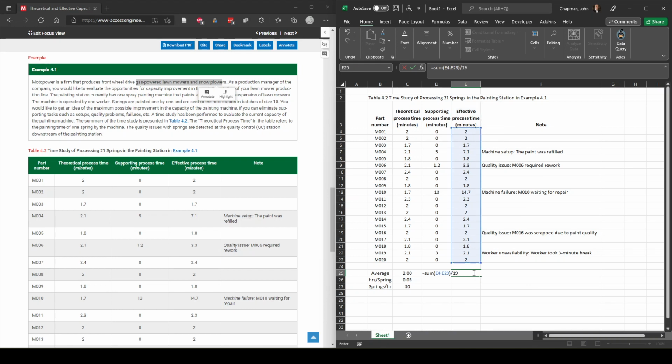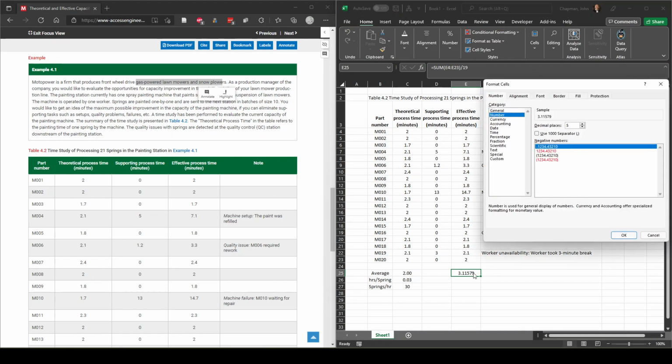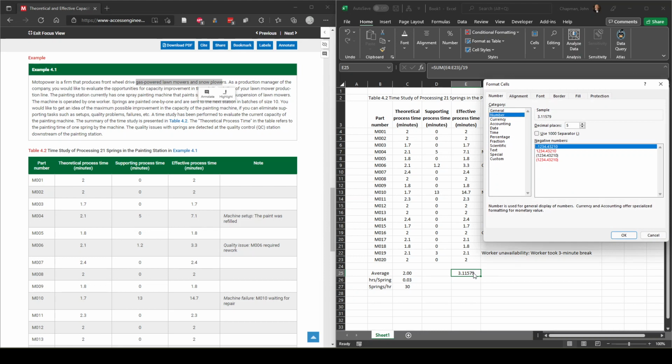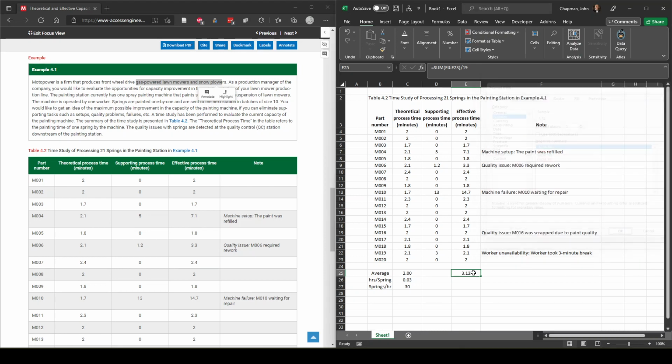So I'm going to manually create this. I'm going to include the 2 minutes for that part, even though the part was scrapped. But I'm only going to include 19 because that's a better indicator of the actual or effective capacity. Let's go to 2 decimal places.